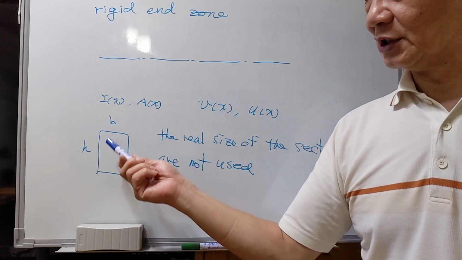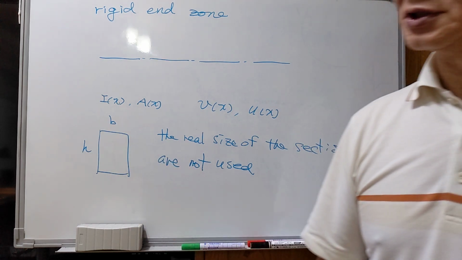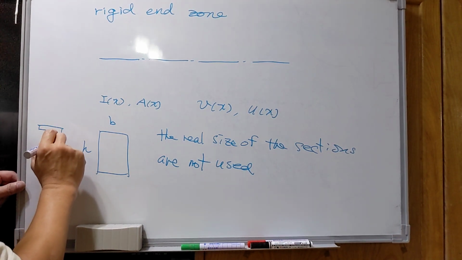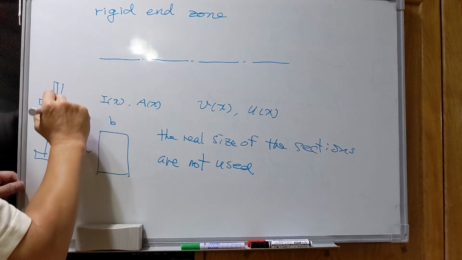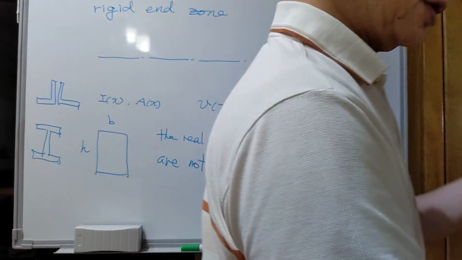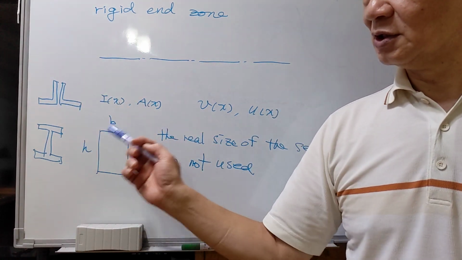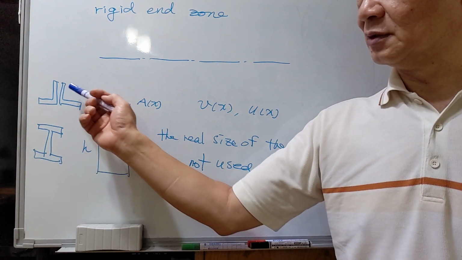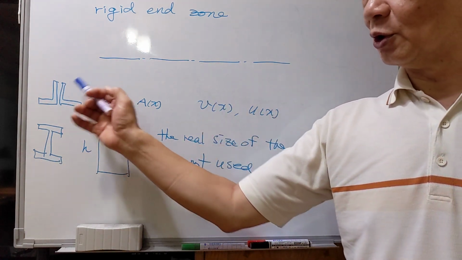So we don't know whether the beam element has a rectangular cross section or a wide flange. The sections could have many different shapes: the rectangular cross section, the wide flange, the I-shaped section, the double angle. But we don't know all these details.